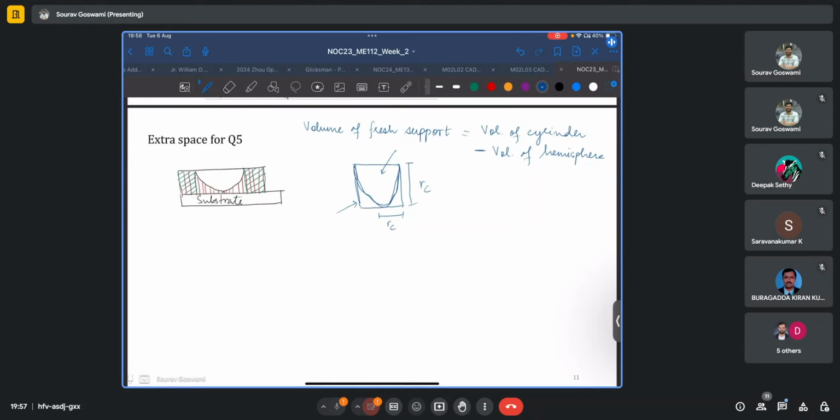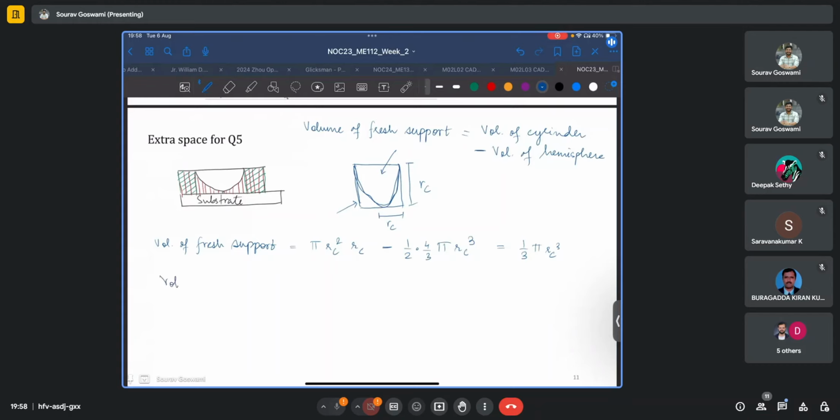And this volume of fresh support equals the volume of the cylinder, so pi RC square H, which is also RC, minus the volume of the hemisphere, which is half of 4 by 3 pi RC cube, which turns out to be pi RC cube minus 2/3 pi RC cube, which is 1/3 pi RC cube.